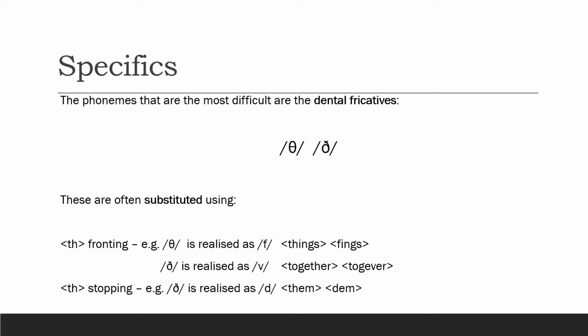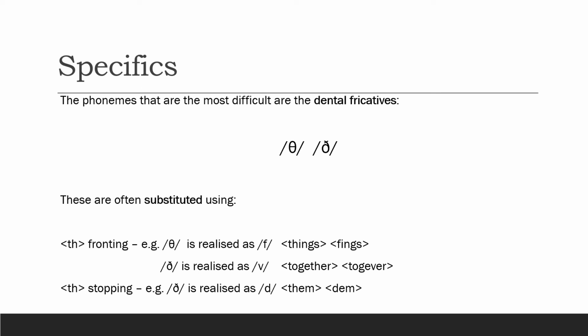Now both the th and the f are fricatives, okay, but whereas th is a dental fricative, f is a labiodental fricative. Okay, so just a small difference there, but it makes the sound quite different. So we get words like three changing to free. Okay, so that's one that you will probably have heard before.